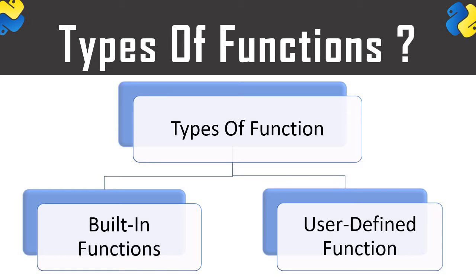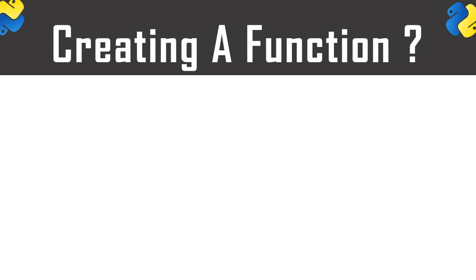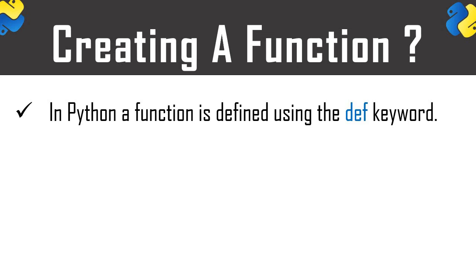And then we have the user-defined function. It is a function which is defined by a programmer, or we can say we define it while coding. Let's see how to create a user-defined function. In Python, a function is defined using the def keyword. We always use the def keyword to define a function in Python.